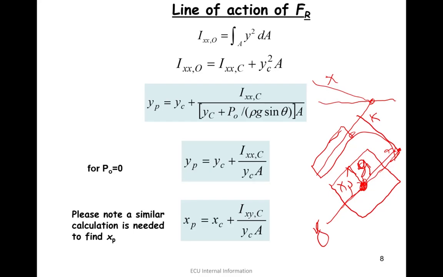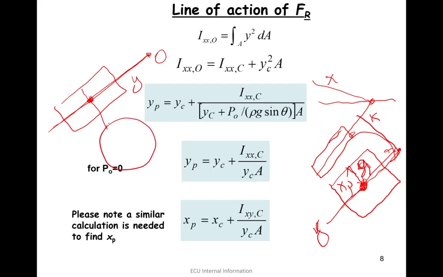Why? Let's say, for example, you have a rectangular surface. If you choose the axis of symmetry along y, which was O, then xp would be 0 because this is the point we have selected. If we have a circle, xp would be 0. If we have a rectangle or a square, again it would be 0.